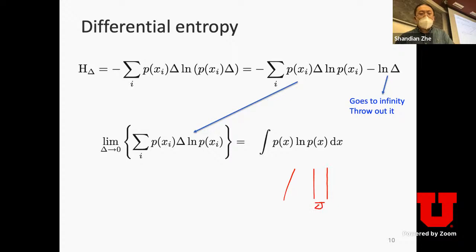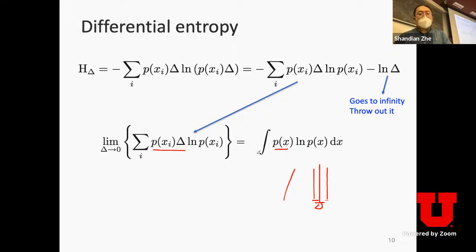We know that this probability now becomes the density at x, because as delta goes to 0, the starting point and ending point will overlap, and p of xi becomes p of x.